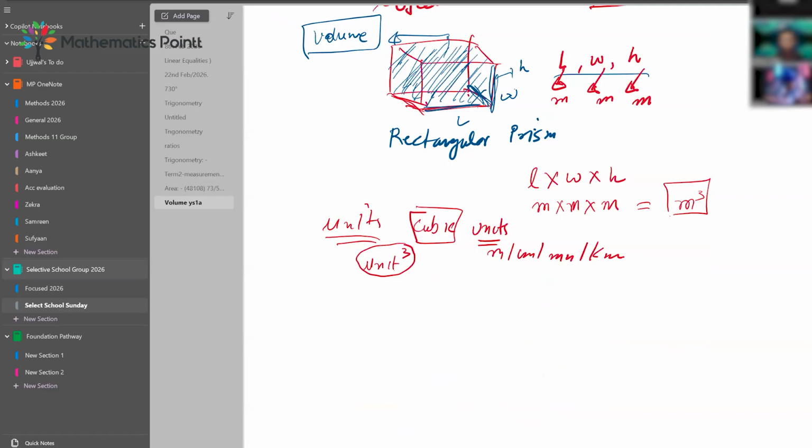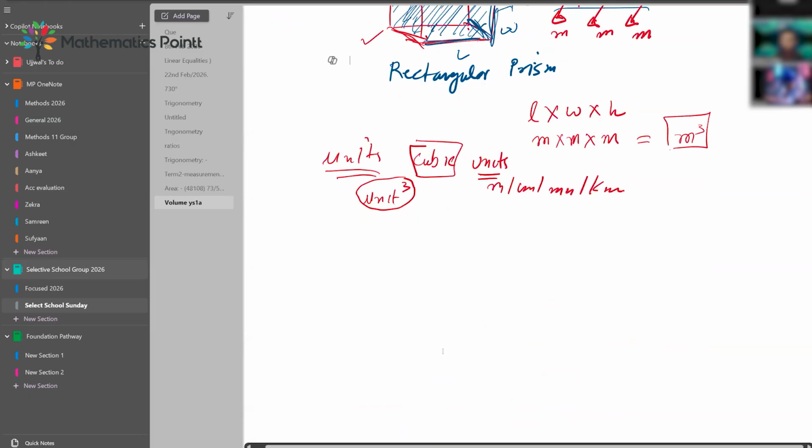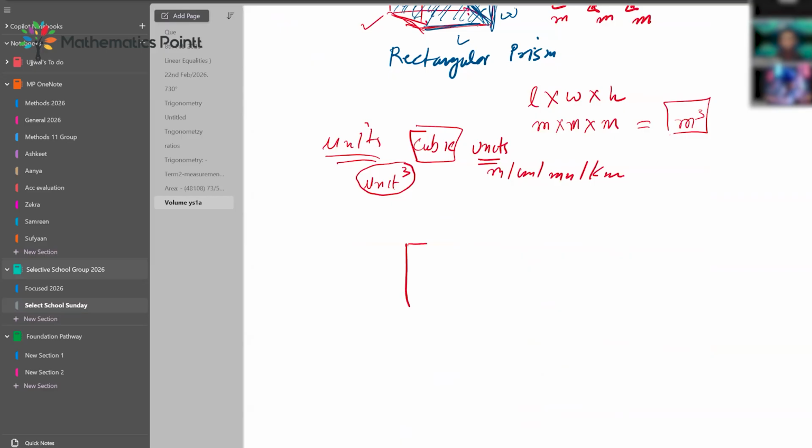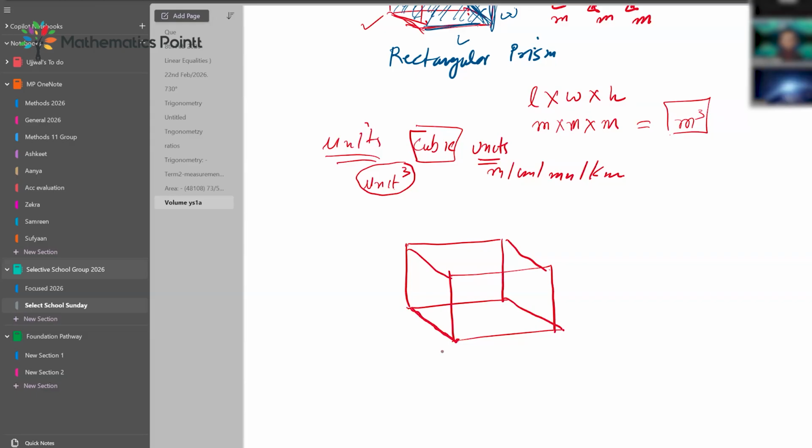Now let's go back to this rectangular prism or this shoebox and redraw it again. Now, that's how a rectangular prism looks like.